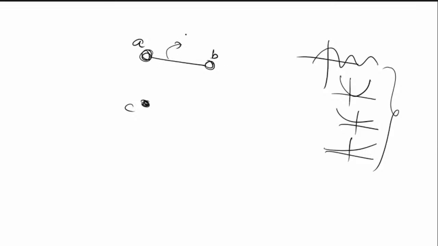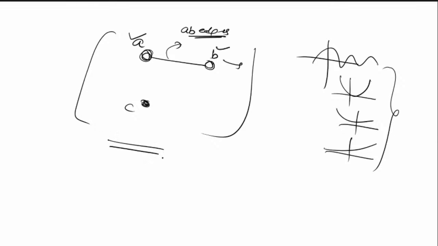This edge can be called the AB edge because it connects vertex A and vertex B. So these are vertices, these are edges, and this complete structure is called a graph. A graph is nothing but some set of vertices and some set of edges connecting these vertices.